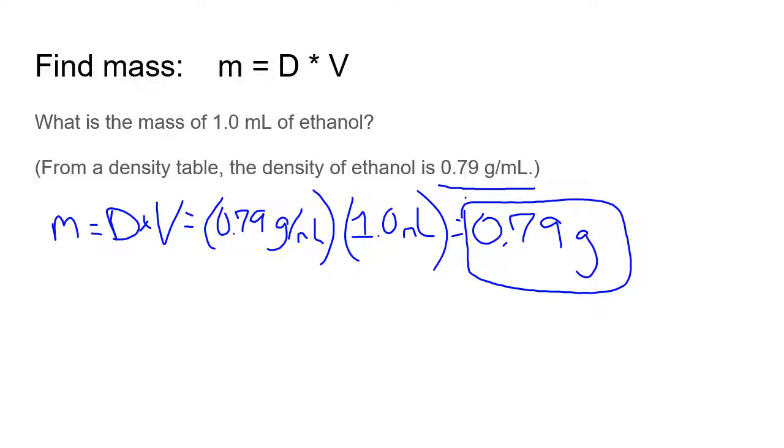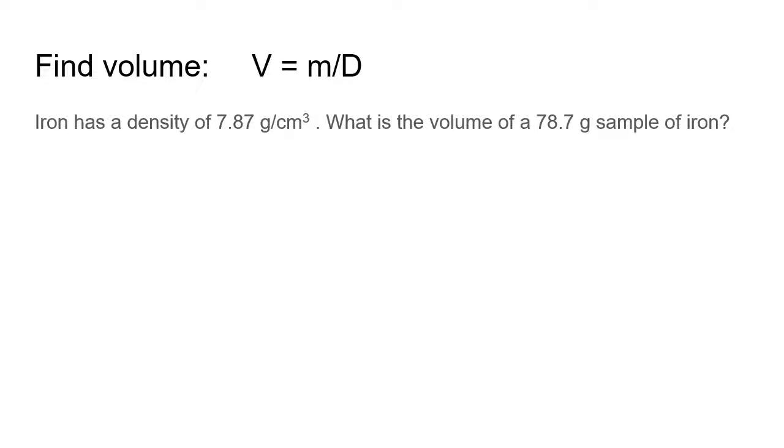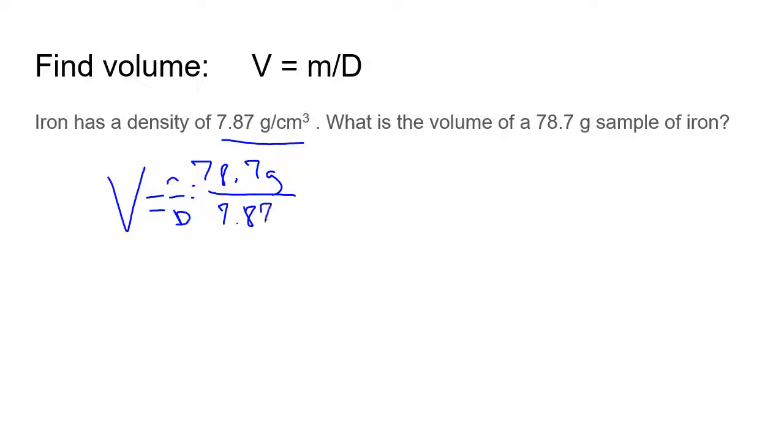All right, one more type. Finding the volume. Again, iron is always going to have the same density at room temperature, so I'll look that up. And then I want to know the volume of a 78.7 gram sample of iron. Volume equals mass, 78.7 grams, divided by the density, which is 7.87 grams per centimeter cubed.